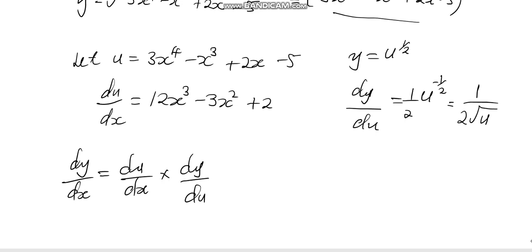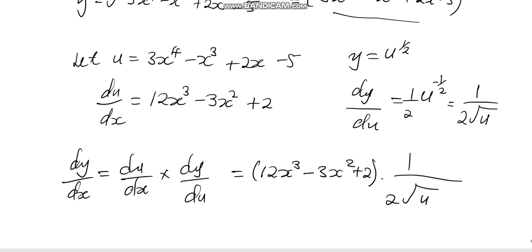We found what our du dx is already, so we have 12x to the power 3 minus 3x squared plus 2, multiplied by 1 over 2 root u.